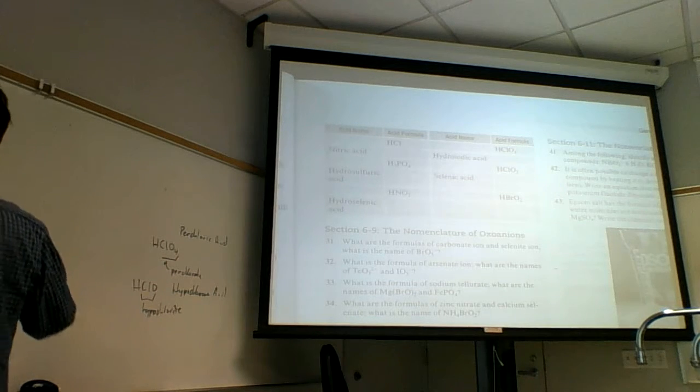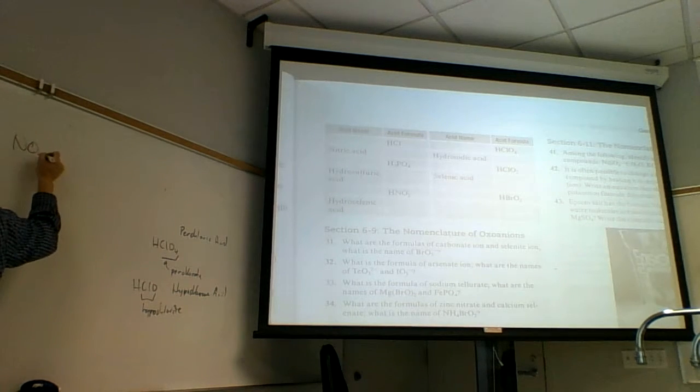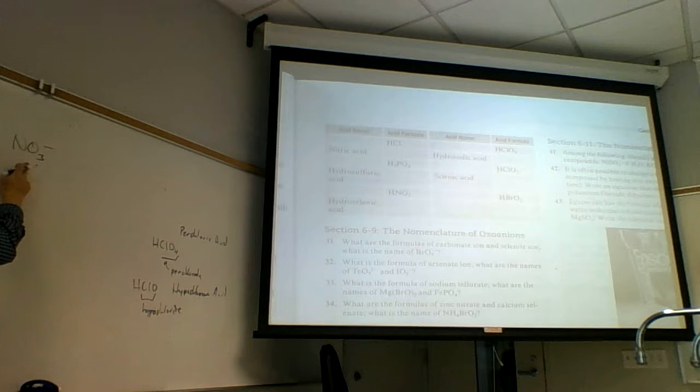And what's the charge? And so, yeah, this would be nitrate. And therefore, for nitric acid, we just add an H. How many H pluses do we need? Just 1. So the formula is HNO3. Nitric acid is also a super common acid. Hydrochloric acid and nitric acid, very common.